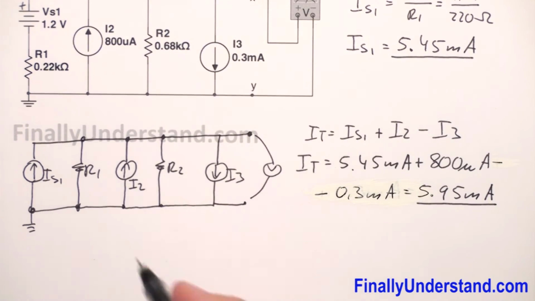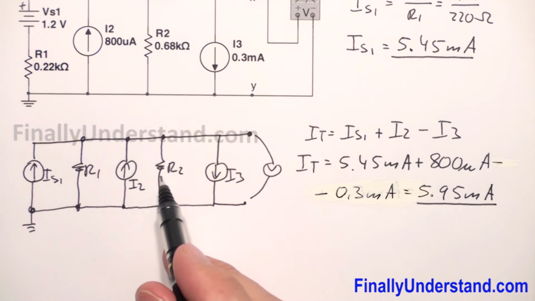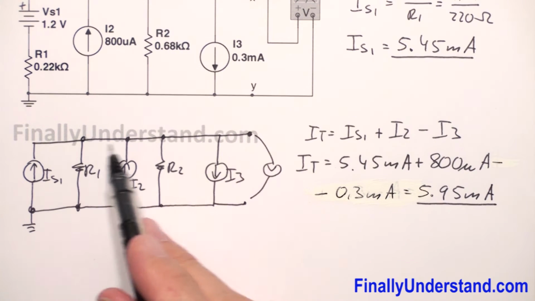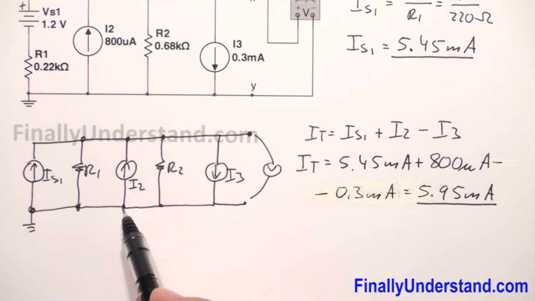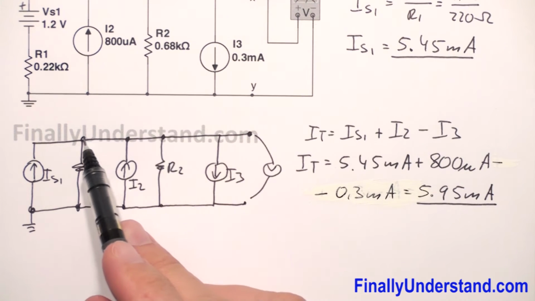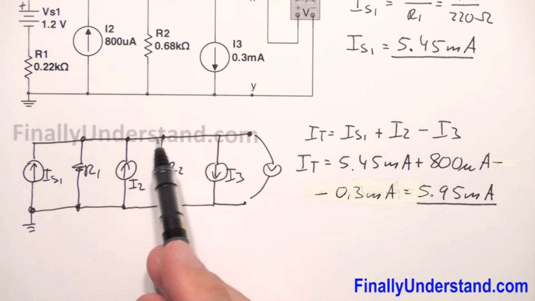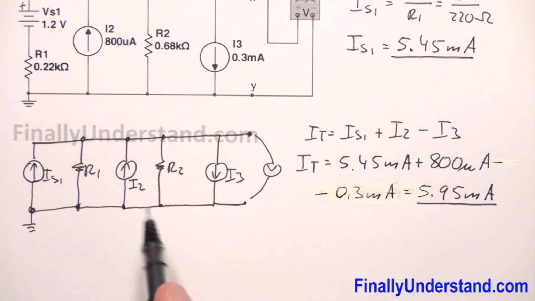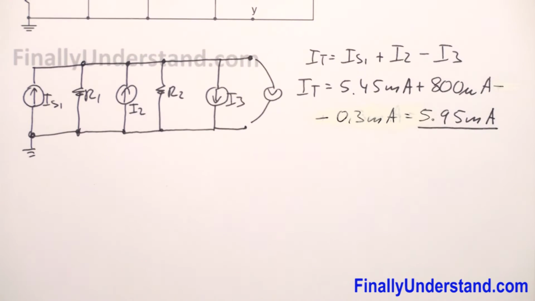Next, I'm going to find total resistance. Because I have just two resistors and both of them are connected in parallel, because as you can see, the top terminals are connected together and bottom terminals are connected together. So it means that they are connected in parallel.